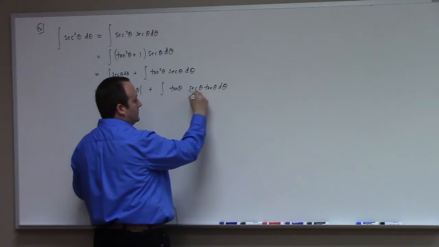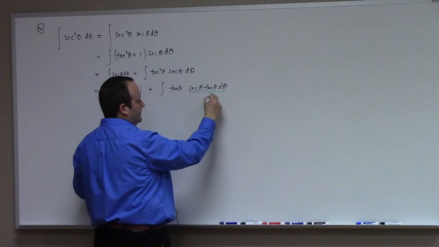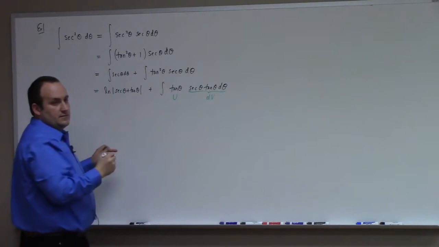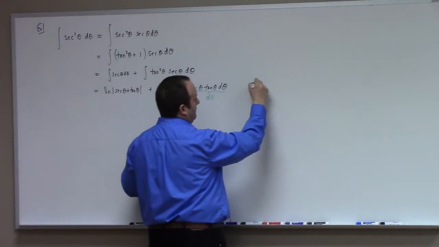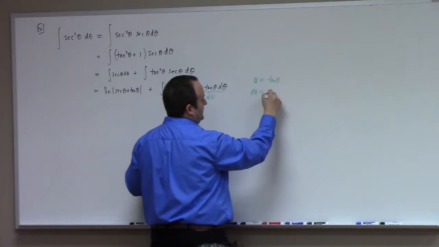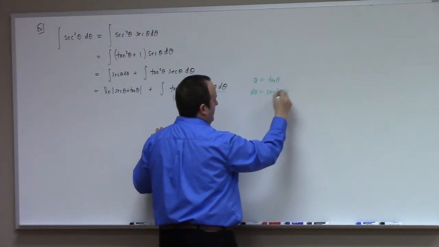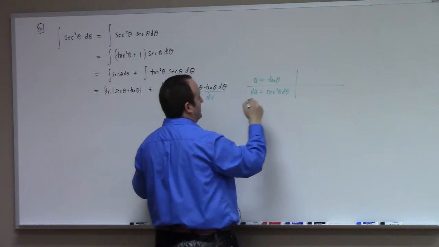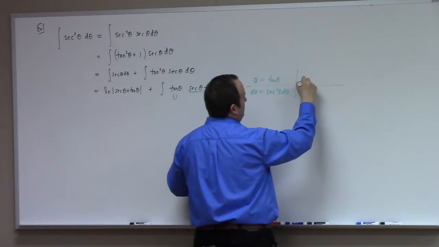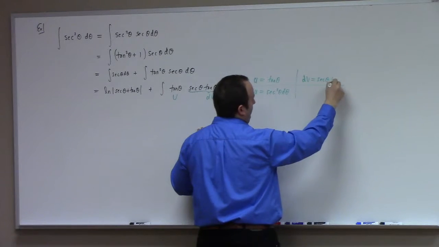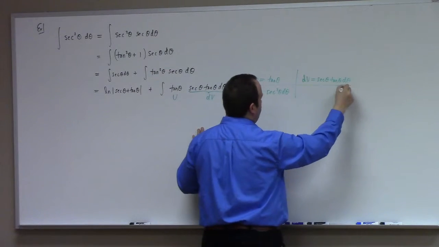This piece I could call dv. This piece I could call u, right? So if u is equal to tangent theta, du is equal to secant squared theta d theta. And v, well, if dv is equal to secant theta tangent theta d theta, then let's see here.